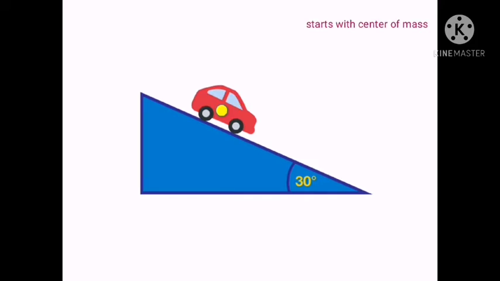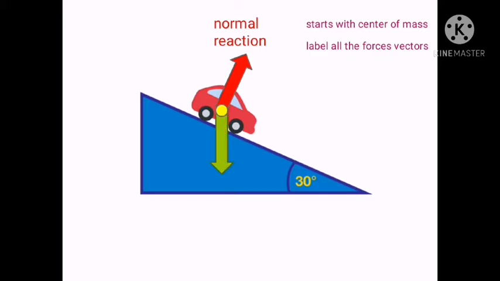Then we are going to draw all the forces. First, here you have the normal reaction force, which is always 90 degrees to the surface. And then we have weight, which is directed exactly to the center of the earth.